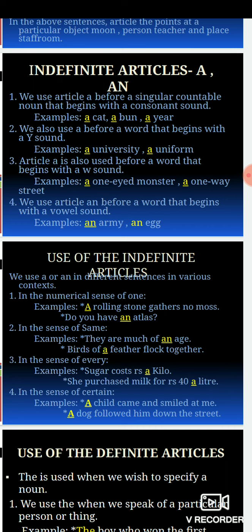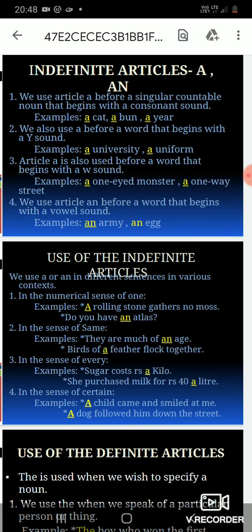It is a very great example. In university the u is sounding like y, university, and uniform, so it's sounding like y. Most of the words with u, I think all the words with u, begin with a y sound.